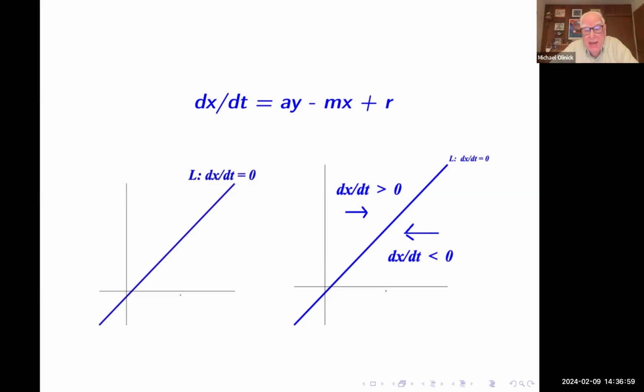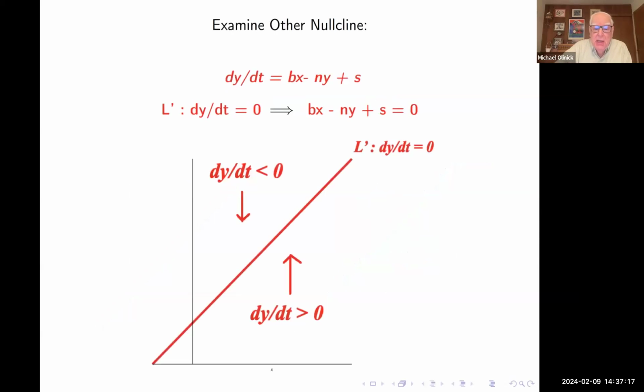Above the line, our x prime is positive, so x would increase over time if we're at such a point, whereas if we're below that line, we would see a movement to the left because x prime would be less than 0. And we could do a similar analysis looking at the null line for the red nation.